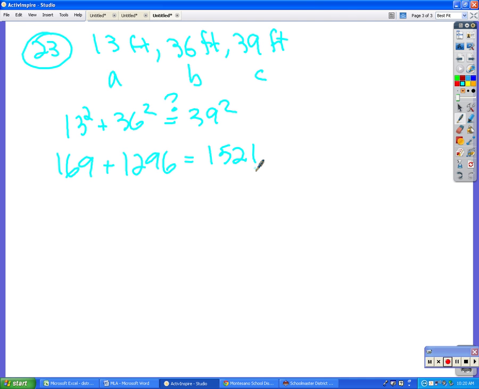So then if I add these together, I'm not going to get 1521, so the answer is no. It is not equal. But we did something wrong because the answer is supposed to be yes. A is supposed to be 15. Oh, so I did it right. I just used the wrong numbers.